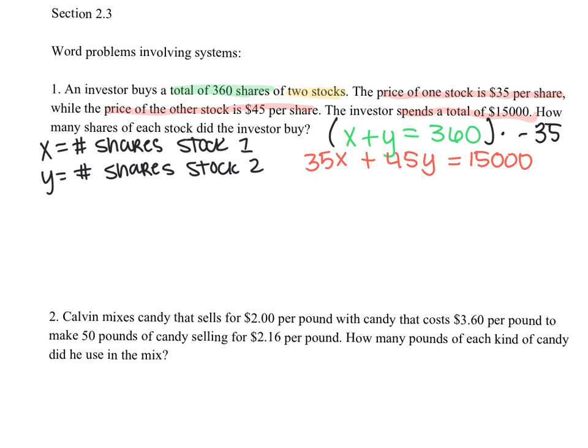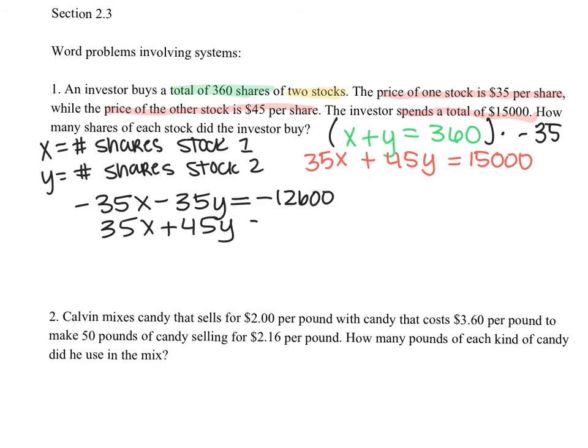So my first equation, once I multiply everything by negative 35, becomes negative 35x minus 35y equals, and then 360 times negative 35 is going to give us negative 12,600. My second equation is 35x plus 45y equals 15,000.